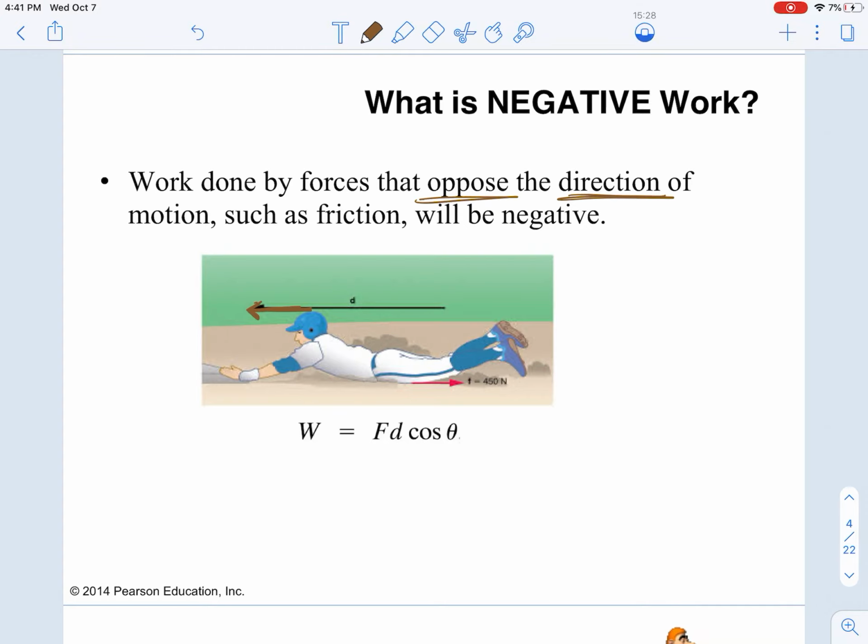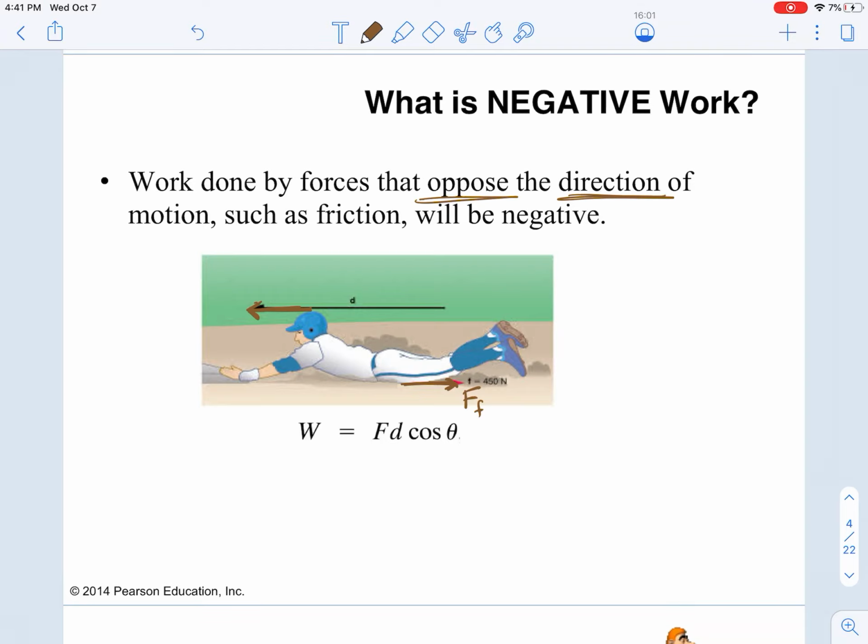And then as he slides across the ground, he is experiencing a force in the opposite direction, which we know is a frictional force. So conceptually, I can say that the frictional force acting on him is in the opposite direction of the object's motion. So this means that I am going to have work done against his motion. So that would make it negative work.